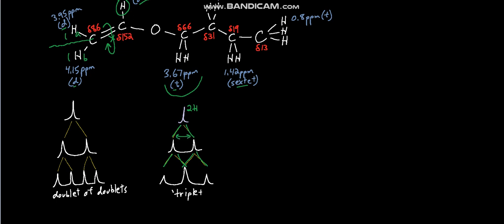That causes essentially the middles to pile up and make it look like what we call a triplet. But in fact, it's a special case of a doublet of doublets. This proton here is split at 1 magnitude by one of the non-equivalent protons and at a different magnitude by the other, giving you a doublet of doublets. Voila!